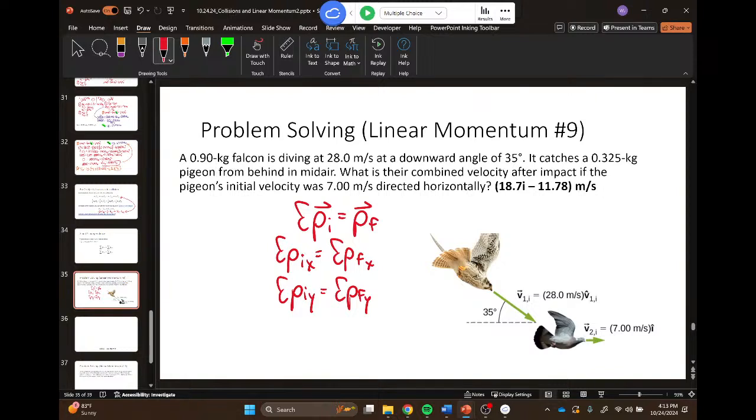Okay, I got a falcon. It's coming down at an angle. It hits a pigeon. They hug each other. What's the final velocity of the pigeon-hawk combo? And we're getting it in vector notation. So we got X and Y, y'all. We are steadily building. We did a problem that was 1D with 2 objects.